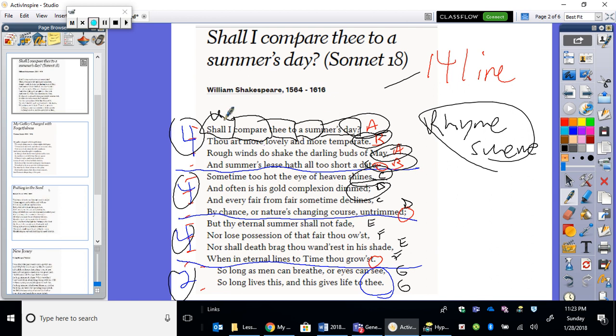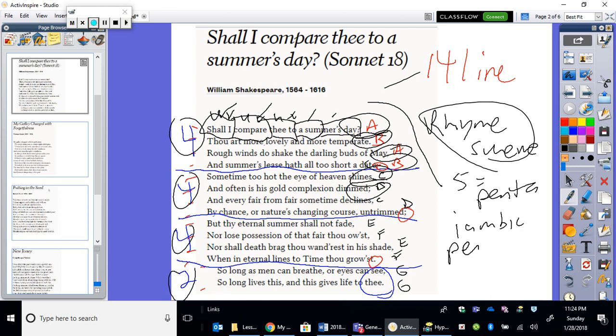And we said that was unstressed, stressed, unstressed, stressed. You get the picture. And then we counted 1, 2, 3, 4, 5, which is why we knew, because 5 equals penta, that has to be iambic pentameter. So this is the Shakespearean sonnet.